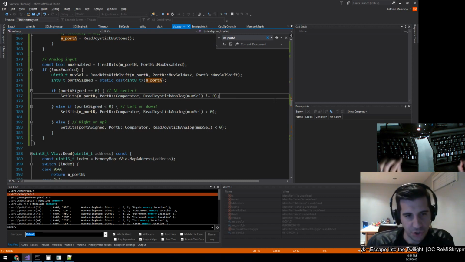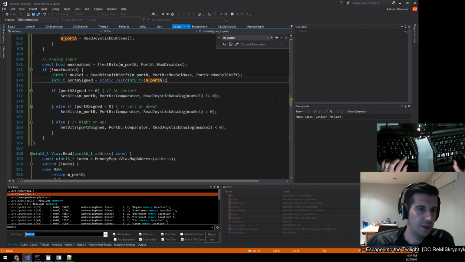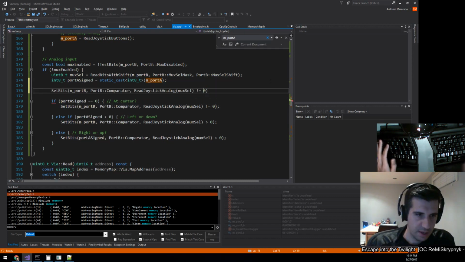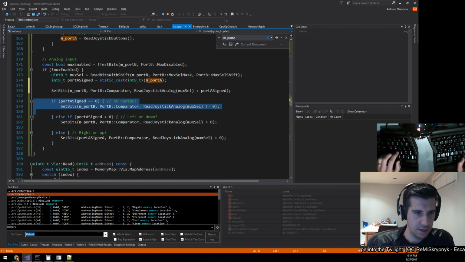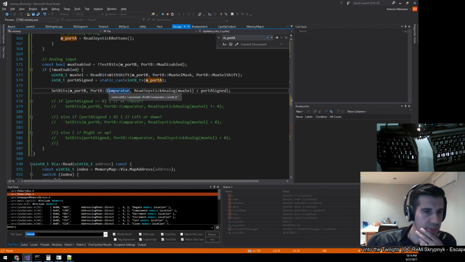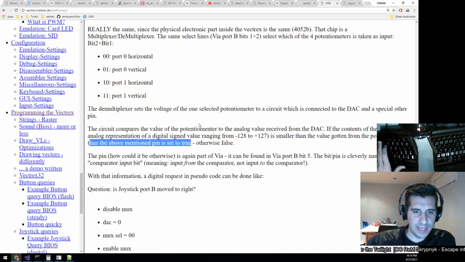You know, if I'm reading that right, I think what they mean is this. That comparator bit, that's what it's talking about, right? It's saying that the value we receive from the potentiometer, meaning the analog value, we compare that.